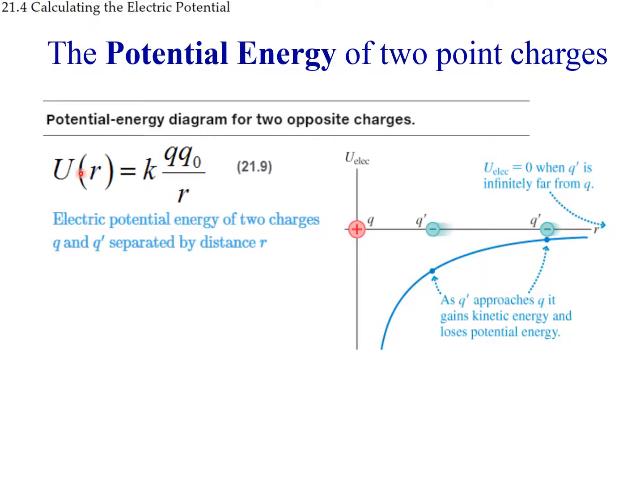So U tends to be 0 whenever the two charges are separated, like when you have one charge here and another one far away. Now look at the fact that here we don't have absolute value bars. So we have to use the sign of the charges. And in this case, for instance, one is positive, the other one is negative. So the product here is going to be negative. That's why, if this is 0, we are representing the curve as a negative curve.